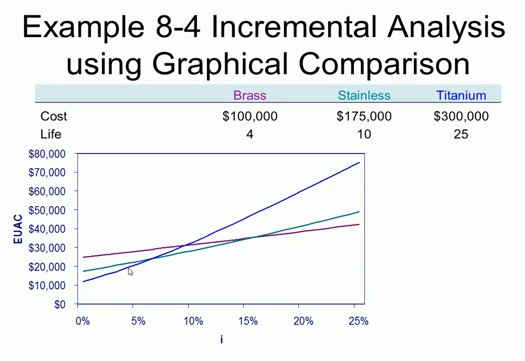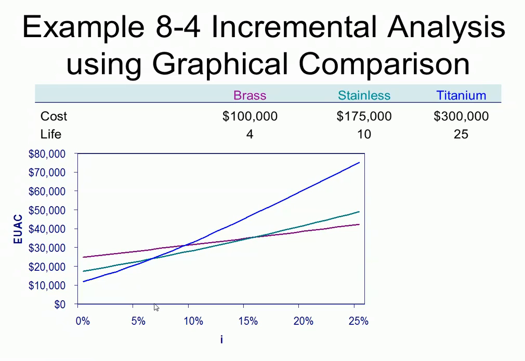So when we compare just equivalent uniform annual costs, again, wherever these curves intersect is where we're going to get our values of internal rate of return of incremental differences, or differences between two alternatives. For example, this intersection right here that I just showed is the one that gives us the internal rate of return of incremental analysis of titanium and stainless.